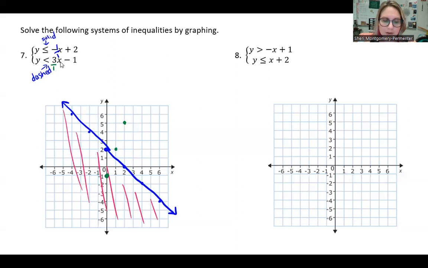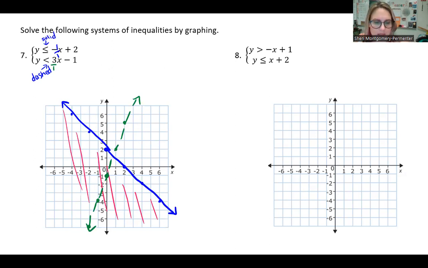I can continue the pattern to the left, going down 3 and over 1. This one's going to be dashed, so I make sure I dash it. And this one is shaded less than as well.